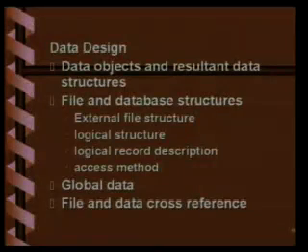The next portion which should be shown is the data design portion, and in the data design portion you are supposed to show data objects and resultant data structures, file and database structures, external file structure, logical record description and access methods, global data, okay, file and data cross references. Okay, so any global data, maybe environmental setting or so, need to be presented here.